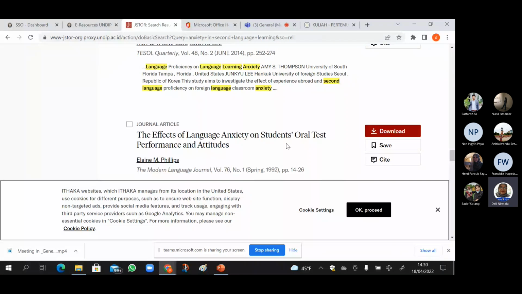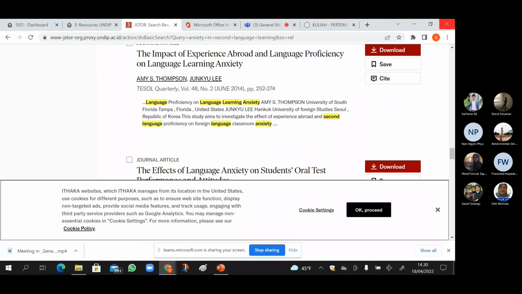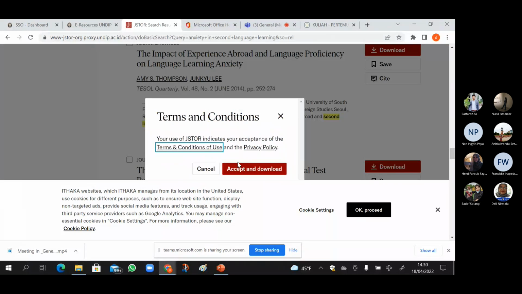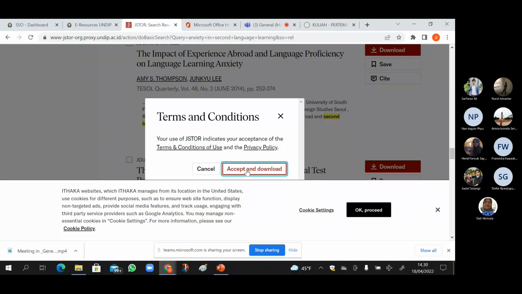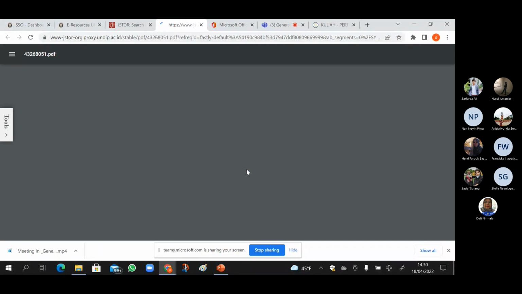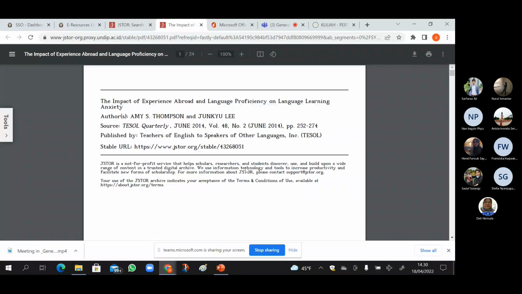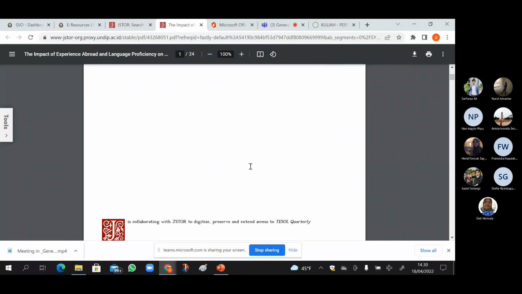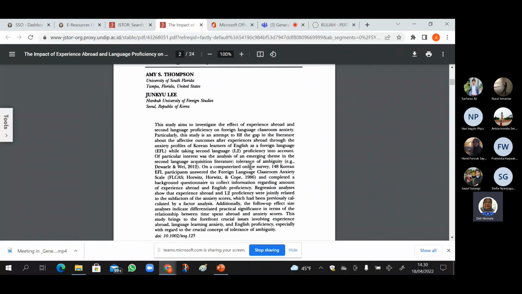Here, the effects of language anxiety on students' oral tests. Oh, but it is old. It is 2014. But anxiety. You can see the abstract.